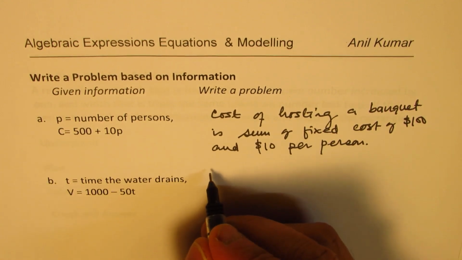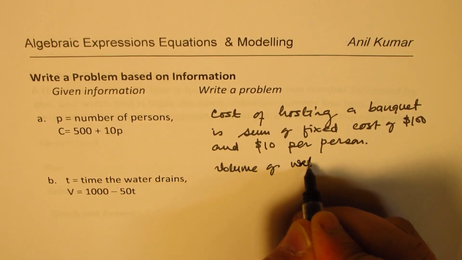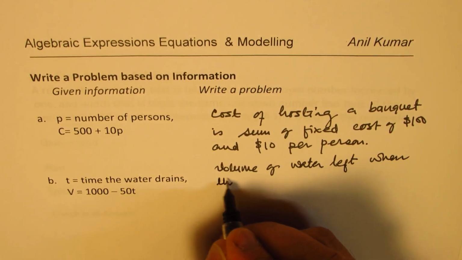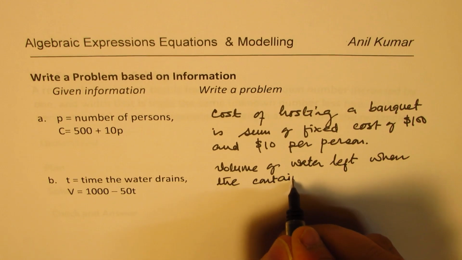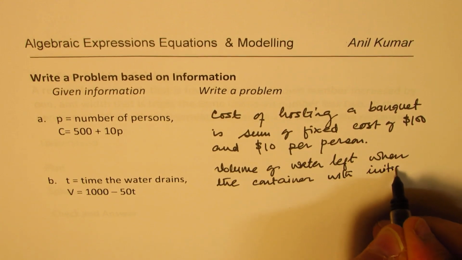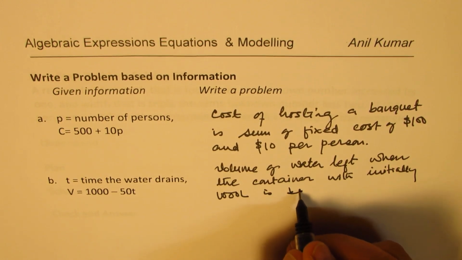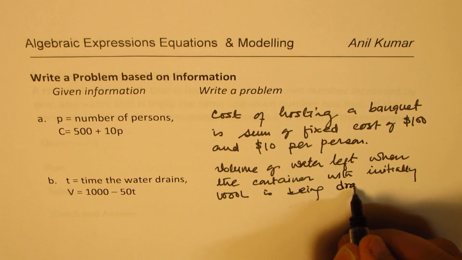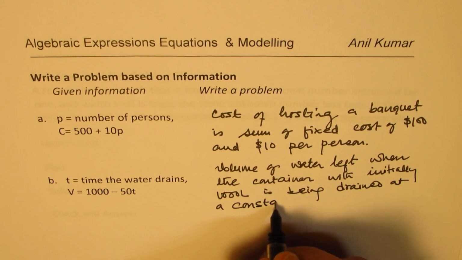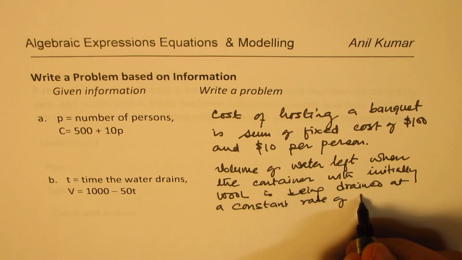So here we could say that the volume of water left when the container with initially 1000 liters is being drained at a constant rate of 50, right?